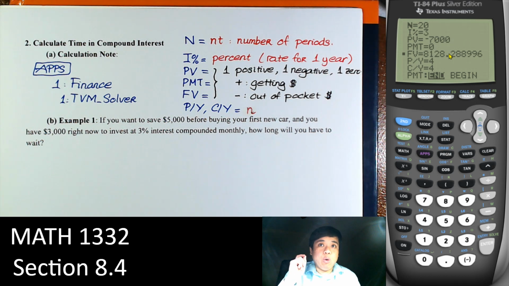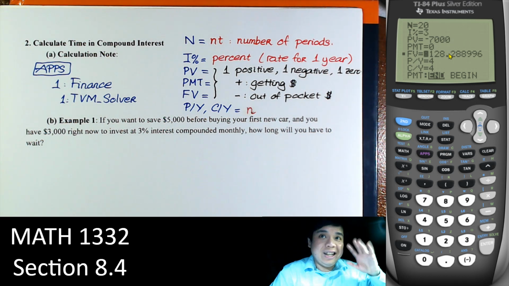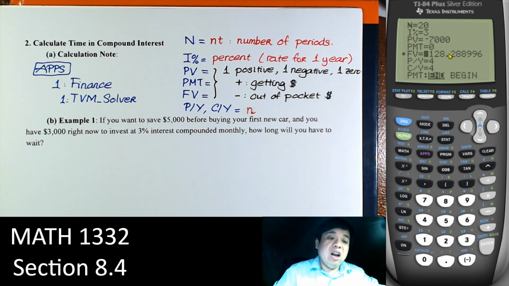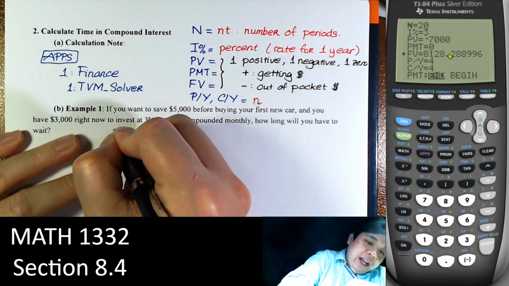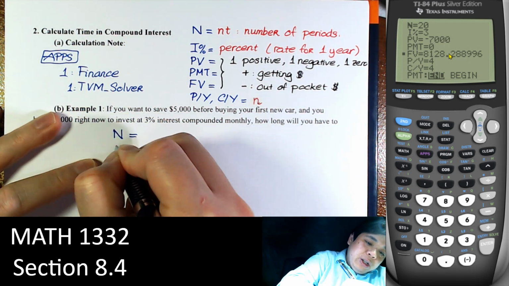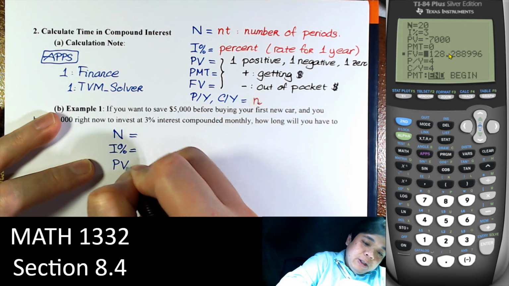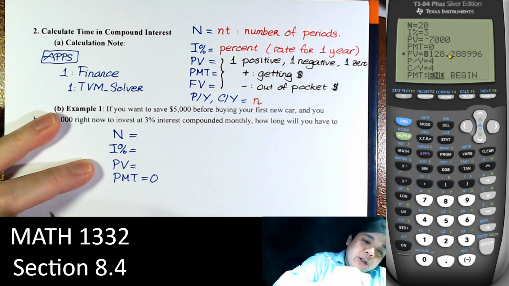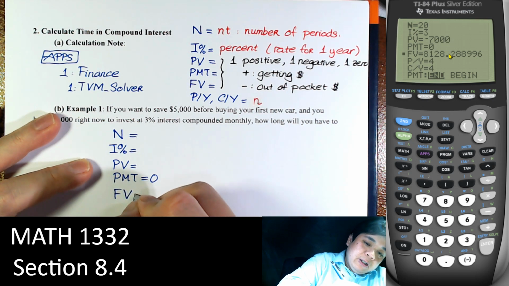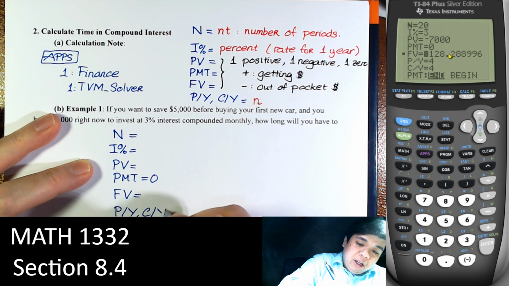Right, now we're going to use that to find time here, because without this calculator, we need a high level of math. So, let's figure out what we have here. N, interest rate, present value, payment, which we know is going to be 0, future value, periods per year, compounded periods a year.